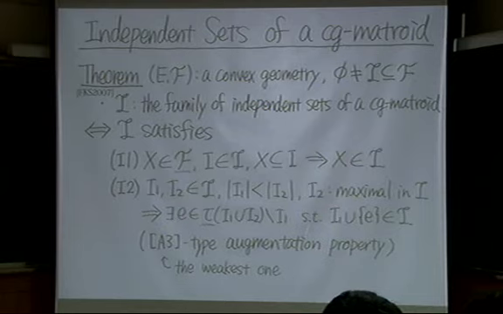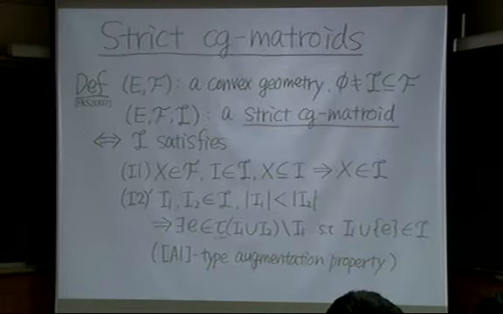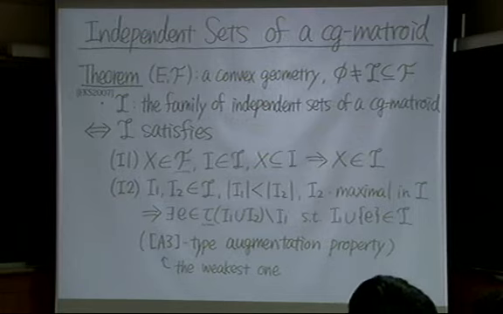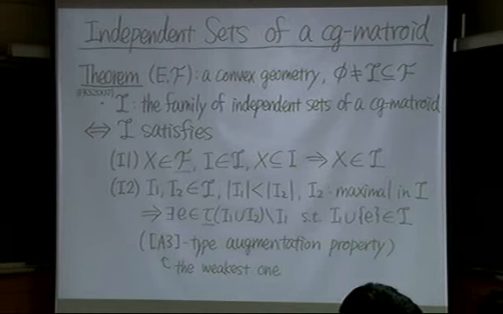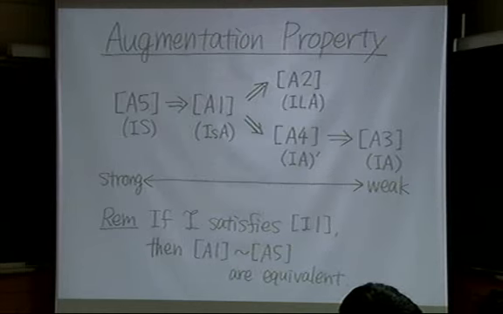So the difference is here and here compared to the original matroid. And from this characterization, we can introduce some subclass of CG matroids, because this characterization uses just the weakest one. So if we assume a stronger augmentation property for some family, then we can define some subclass logically. But we don't know whether it is really a subclass or just a defined subclass.